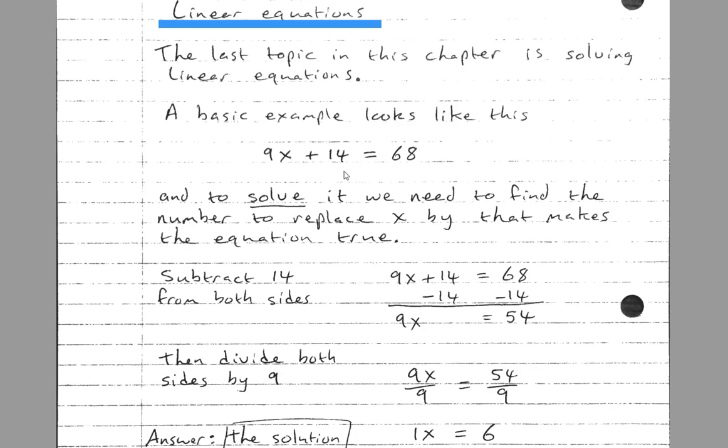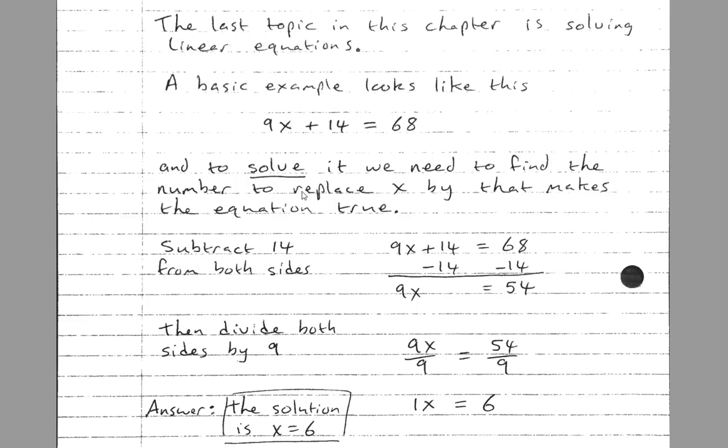Okay, so there are some simple steps to solve this. The first step is to subtract 14 from both sides. So here we're subtracting 14 from the left side and 14 from the right side. Why are we doing this on both sides? Well, we're assuming that this equation balances.